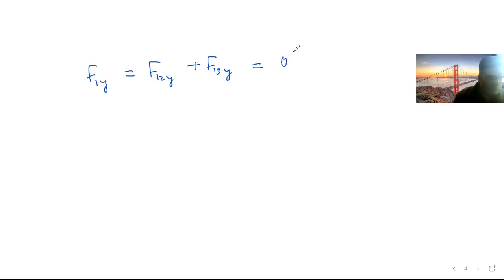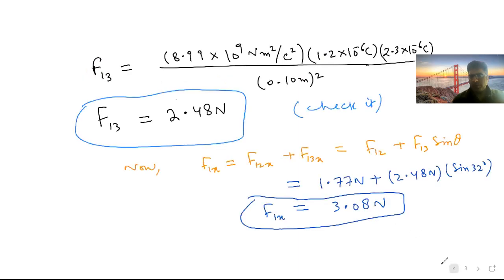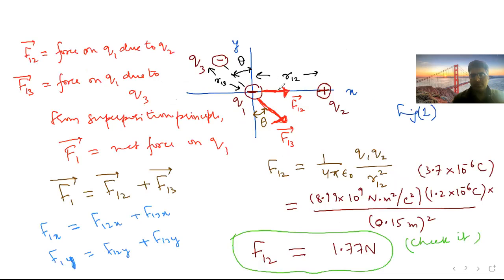And it is minus F13 cos theta. As I have told you, F12 vector is parallel to x-axis. Its y component is 0. But F13 has y component, which is F13 cos theta. But in the sum, it is to be taken as negative, as it is pointing along negative y direction.